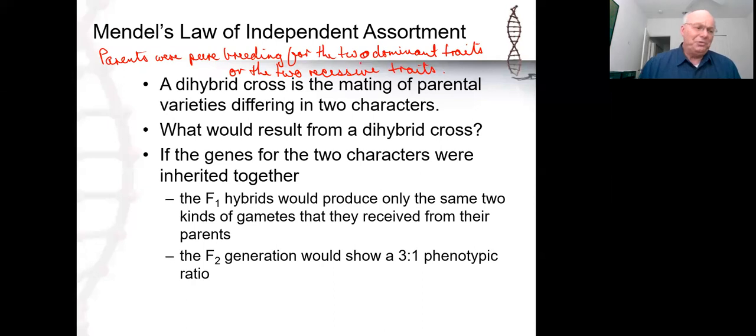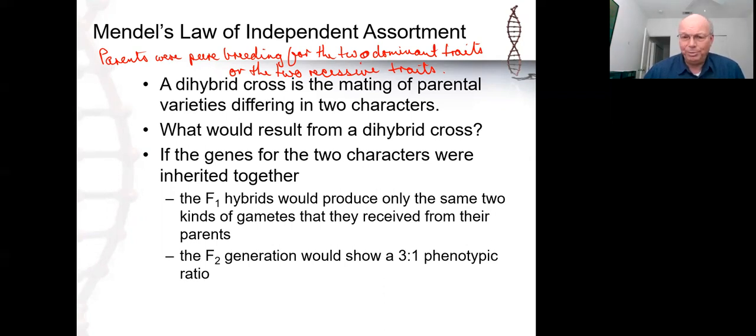And the question that he wanted to know was that if you start out with parents that contain the two alleles for the dominant traits, would those continue to be inherited together in subsequent generations? And if you started out with parents that contain the two alleles for the recessive traits, would those be inherited together in subsequent generations?